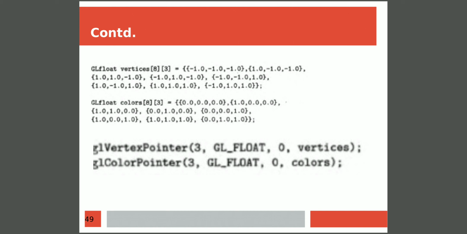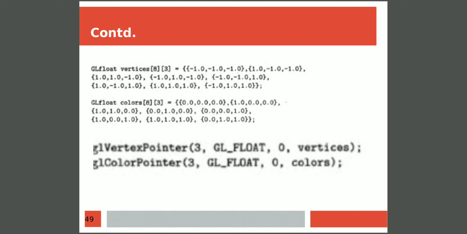The second one is that we are going to represent all these vertices as floating point values, so the data type we use is GL float, given by the second parameter. The third parameter is 0, which indicates that it needs to consider all the vertex values mentioned in the array starting from the 0th index. The fourth parameter specifies the name of the array, that is, the name of our vertex array is vertices. This is the information we need to pass to indicate in which format the array is present.